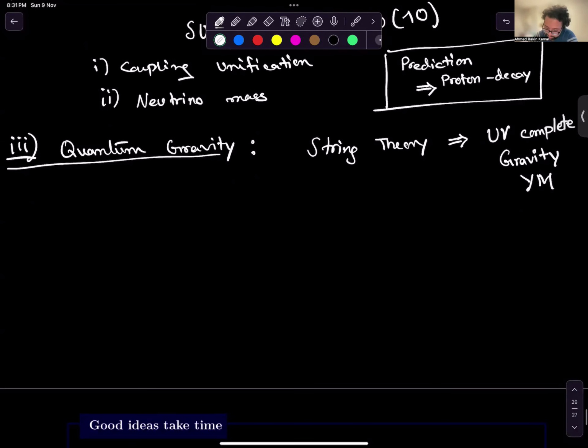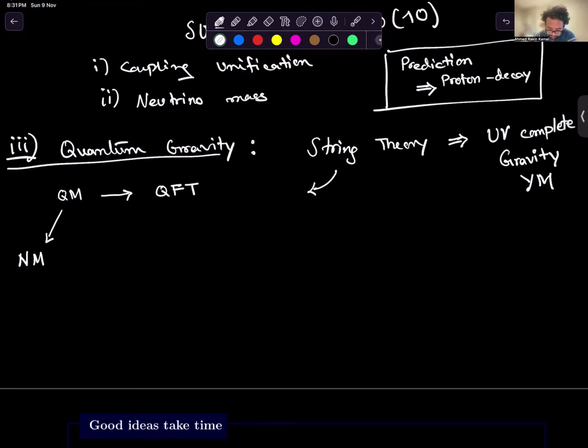So one can have, for example, if we go to the basics, we had quantum mechanics, which again is replaced by QFT. And we have a QFT framework. For example, again, at low energies, this is Newtonian mechanics. But if you think about it, Newtonian mechanics also gives rise to SR and GR.